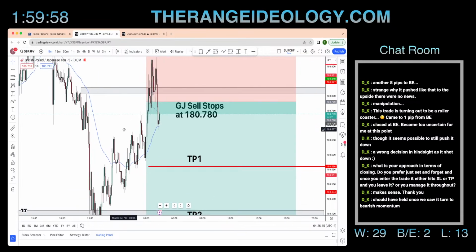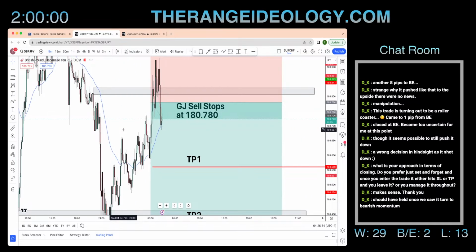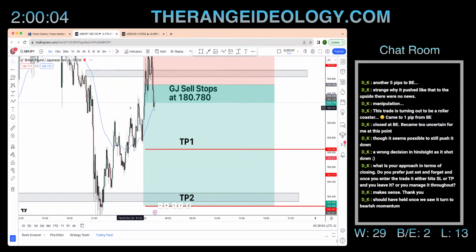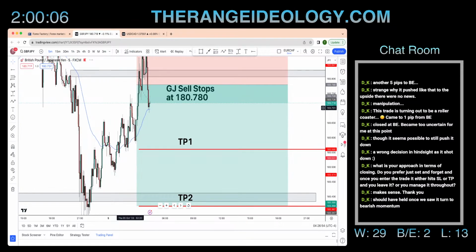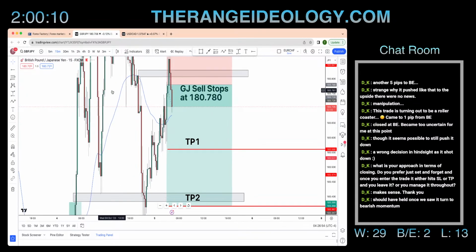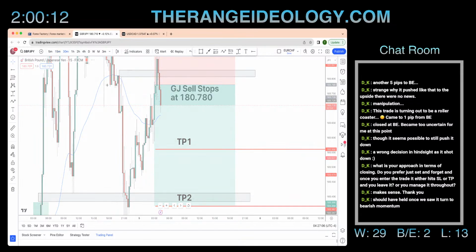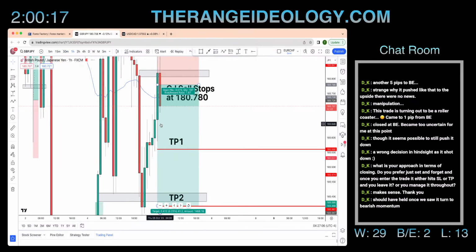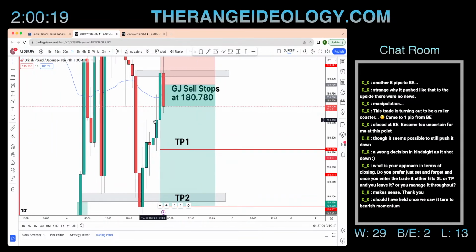But again, the trade is still active. Stops are still at the same level, and still waiting for GJ to push down past here, at least tap to the 15-minute and 30-minute EMA, which is at the same level where I can adjust my stops to break even, right?